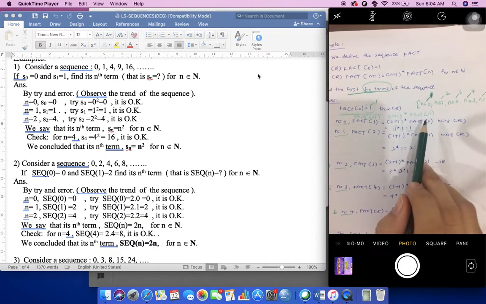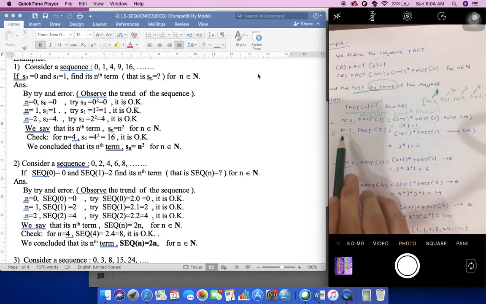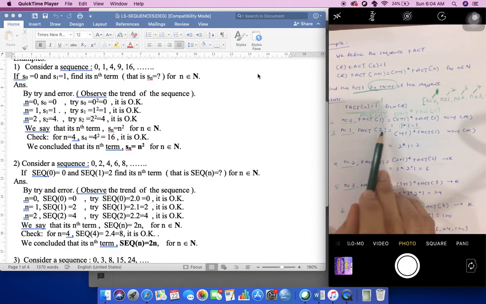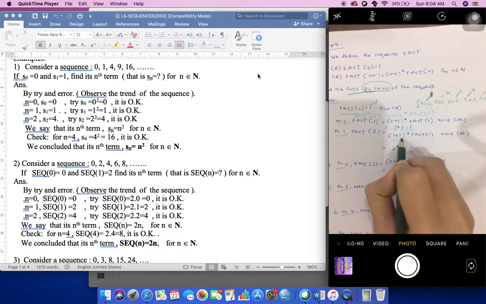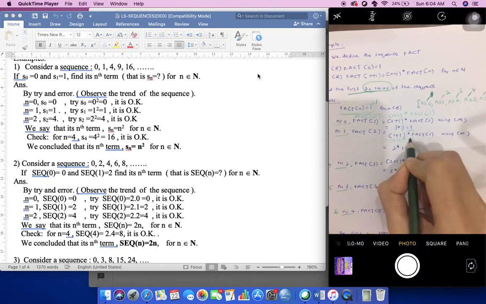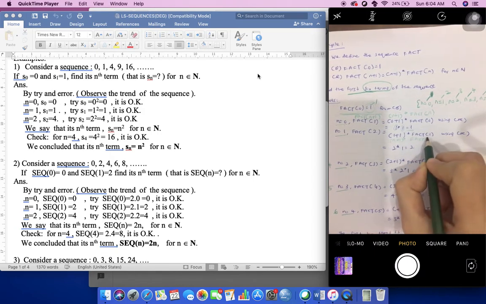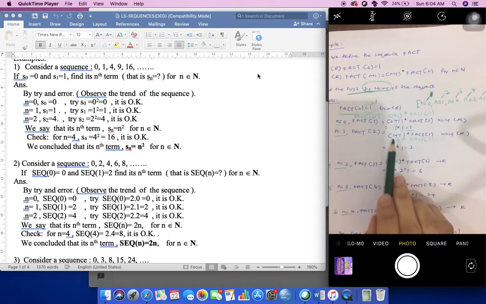And then for the third term, when n equal to 1, factorial 2, n plus 1 times factorial n. n here is 1, so 1 plus 1 equal to 2.